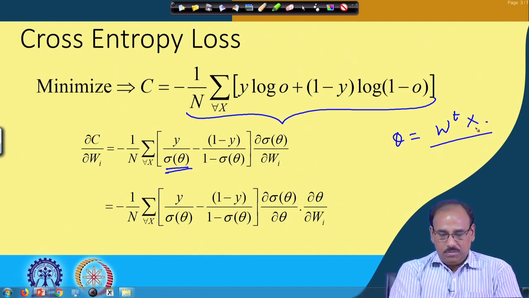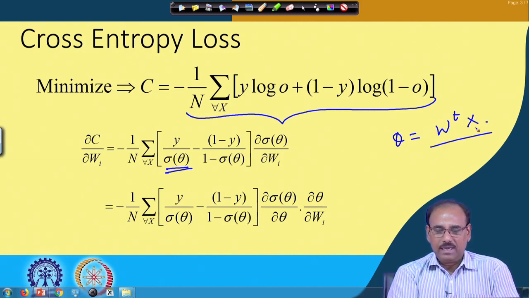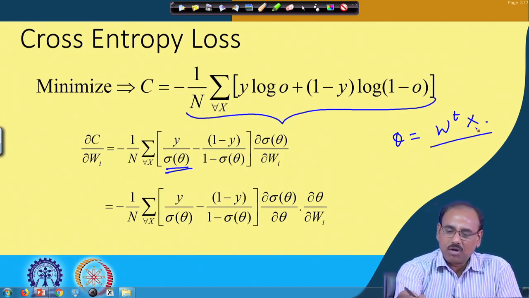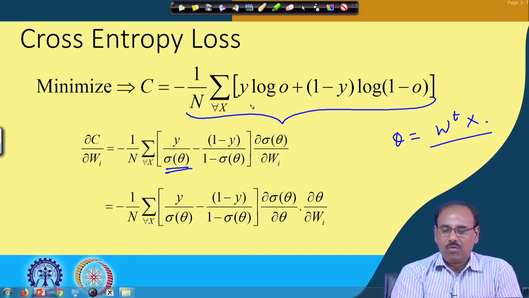So, I get 1 upon sigma theta minus 1 minus y upon 1 minus sigma theta into del sigma theta del W I, because this is a logarithmic function. So, it is actually 1 upon O, and O is nothing but sigma theta.